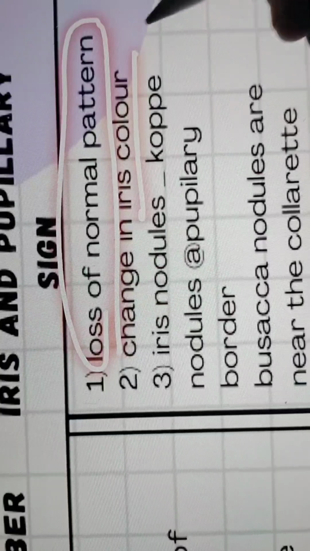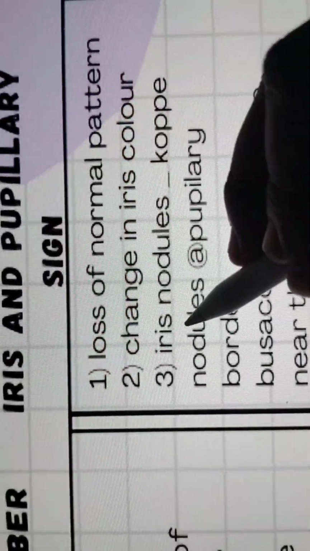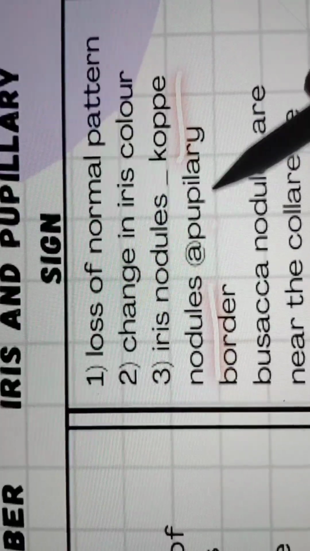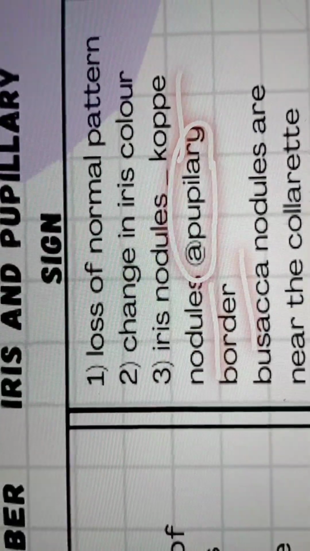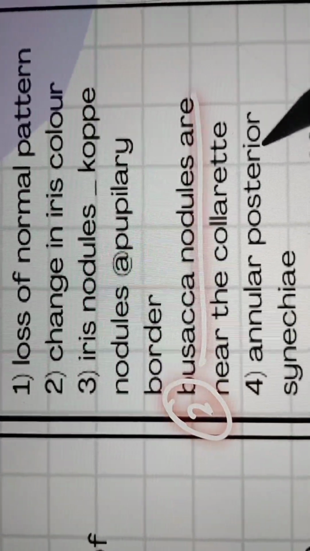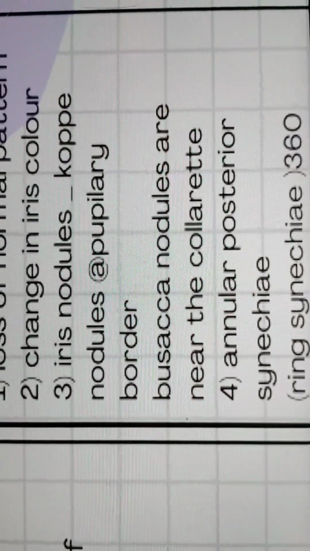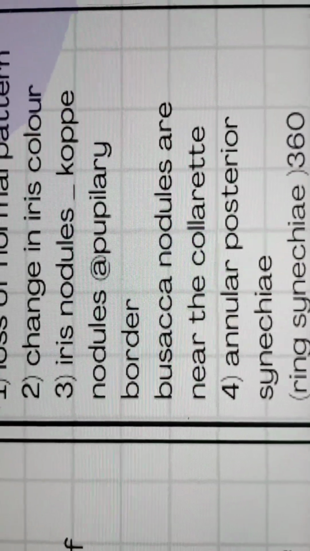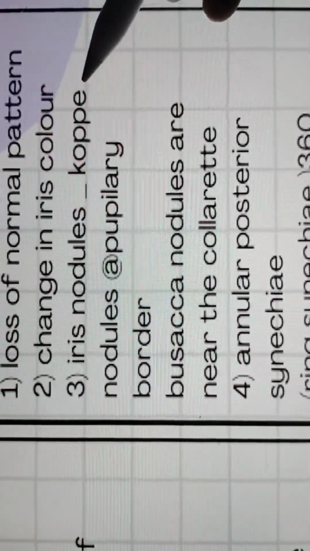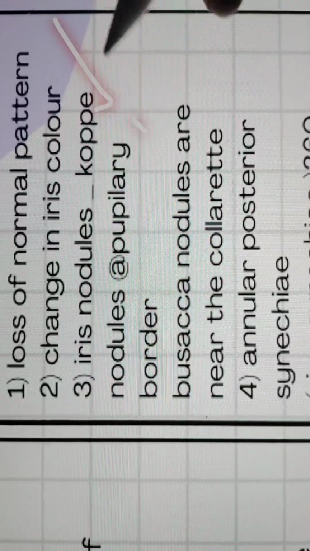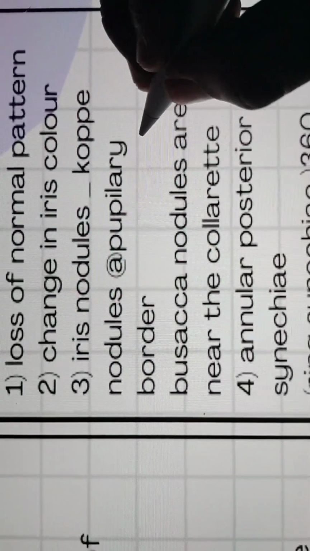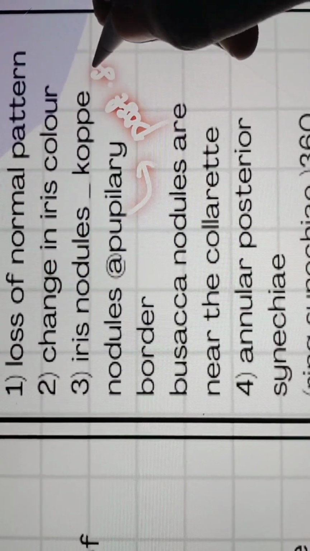There will be a color change in the iris, and also you can see iris nodules. That is Koeppe nodules, and that is at the pupillary border. And one more nodule, that is your Busacca nodules, or near the collarette. Okay, so these are the two things, and the most common is your Koeppe nodules. That is at your pupillary border, and it also initiates the posterior synechiae.